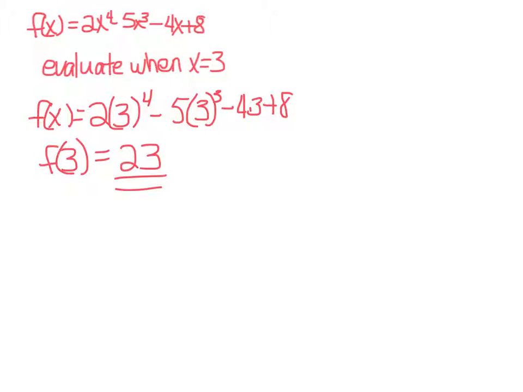The second way to evaluate this polynomial when x equals 3 is to do synthetic substitution, or synthetic division. To do that, we will take the coefficients of this polynomial, 2, -5, -4, and 8. So we are going to take those coefficients, 2, and then -5.